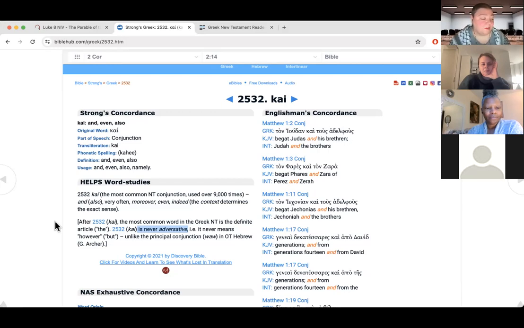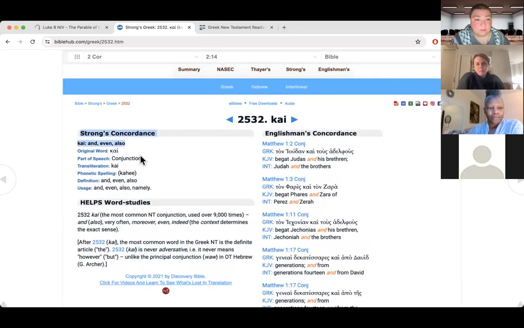All this informs us about how we are to translate the text, which can be helpful. But again, when you're using this function, it suffices often to just focus on the little left-hand corner box under Strong's Concordance, so basically this little area. And that will give you a lot of the information that you need.